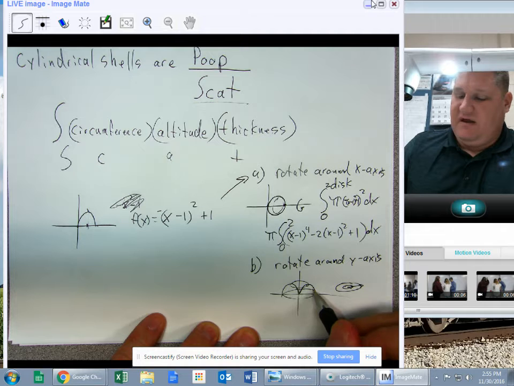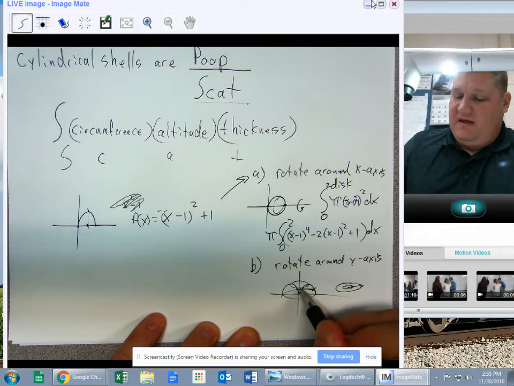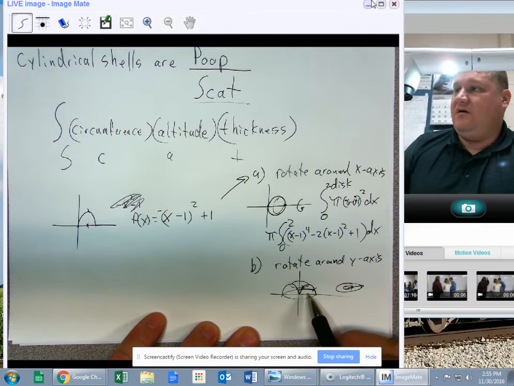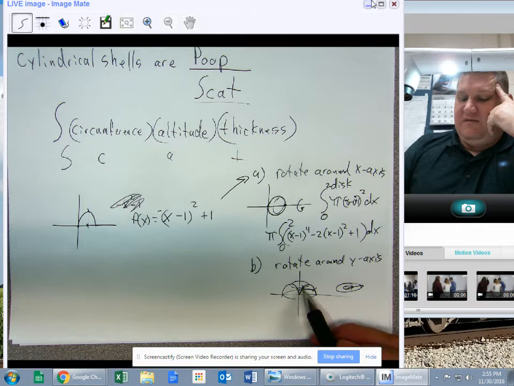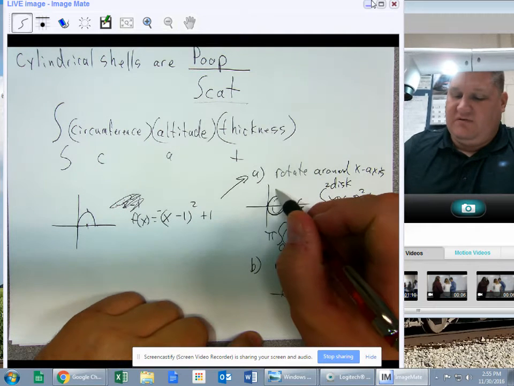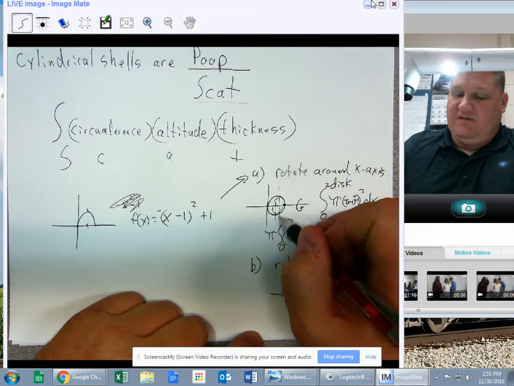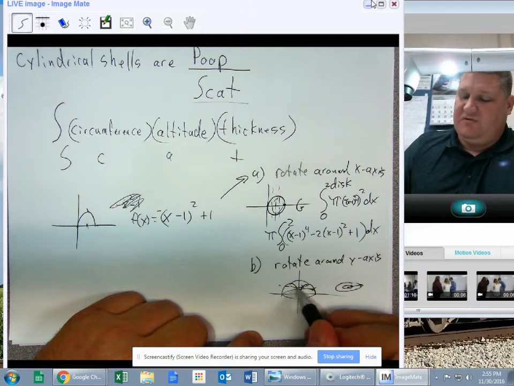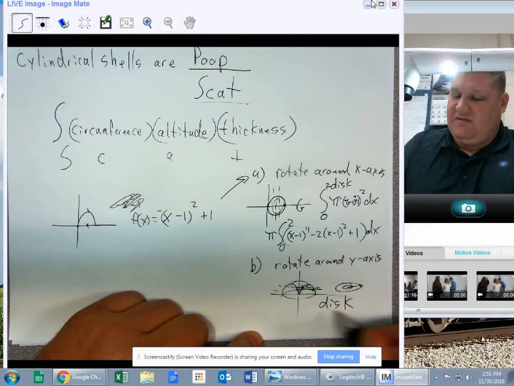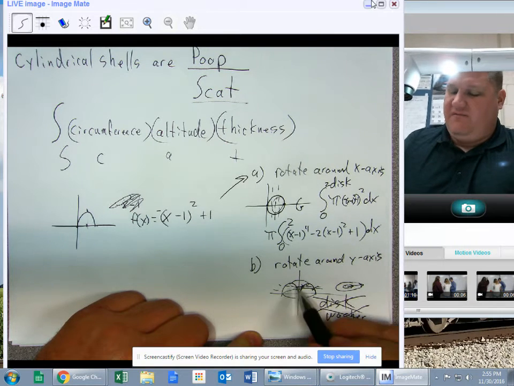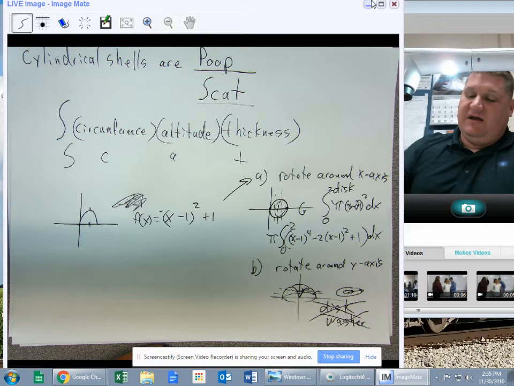The problem is the outside radius and the inside radius are actually the same function. This is a function with respect to x, but it is not a function with respect to y. So I can't even use the disk or washer method here.